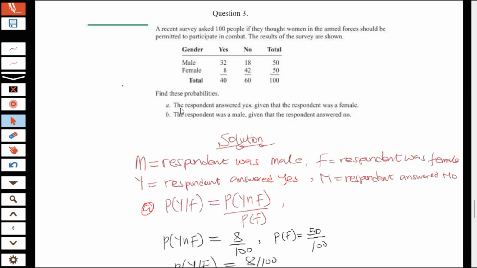So when it comes to the A, it says the respondent answered yes, given that the respondent was a female. And you can see clearly that this will be the probability of yes given female.